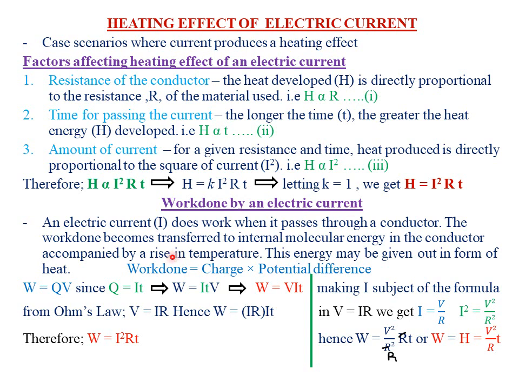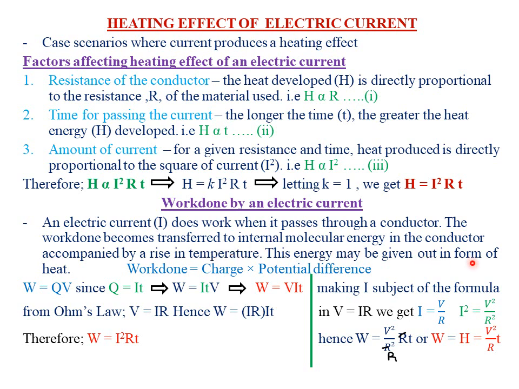And of course, when that work is being done, we shall experience a rise in temperature of the conductor, because some of the work will be lost in form of heat. So some of the electrical energy will actually be converted into heat. That's why we are going to experience a rise in temperature.